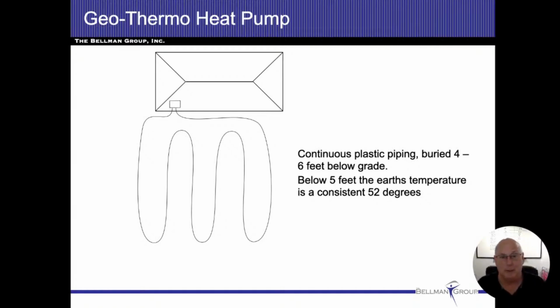Most air conditioning systems that we have are what we call air-to-air systems. I absorb heat from the air inside the house, and I discharge heat to the air outside the house. If I want to use it as a heat pump, I'm going to absorb heat from the air outside, and I'm going to discharge heat to the air inside.